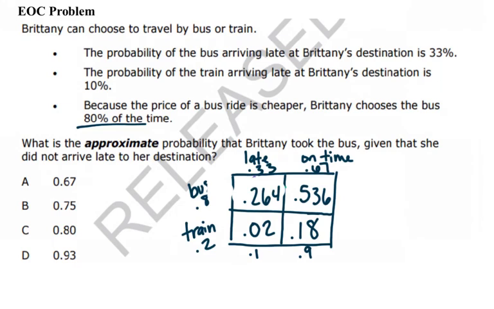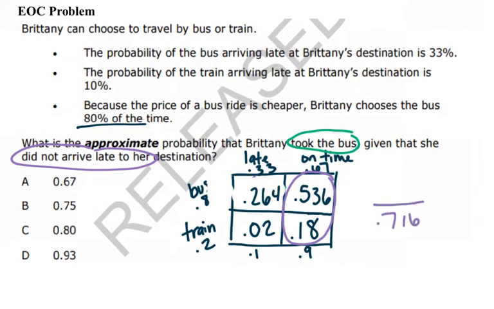And I want to know, what is the approximate probability that Brittany took the bus given that she did not arrive late to her destination? So she definitely arrived on time. I'm going to add those together, and I get 0.716. And then I want to know, what's the probability she took the bus?